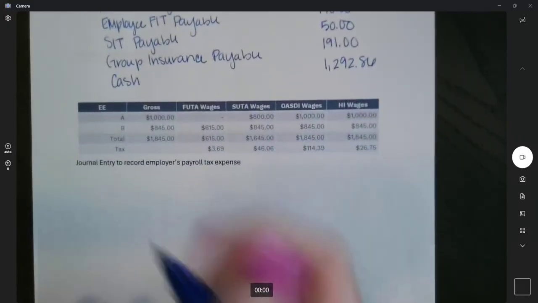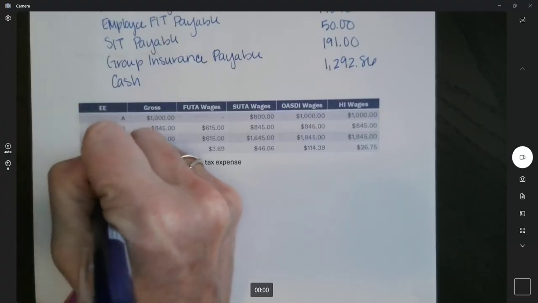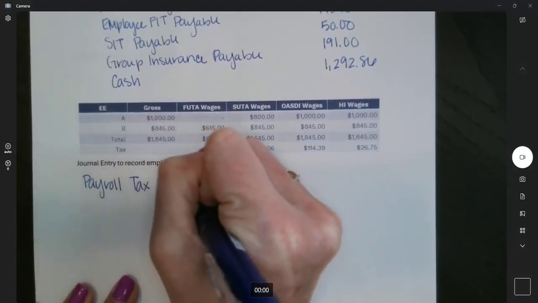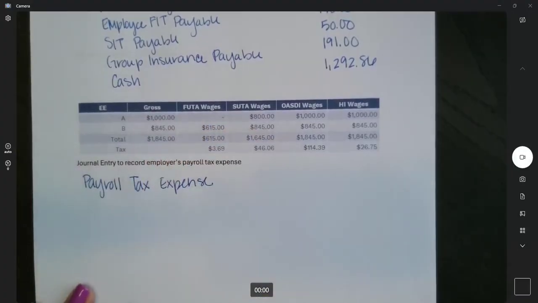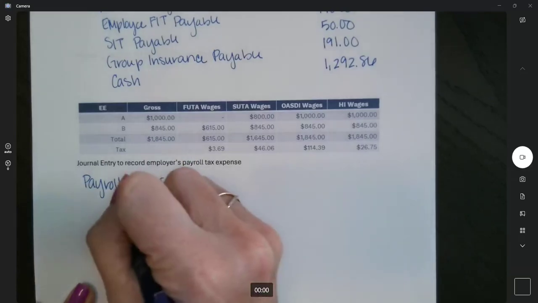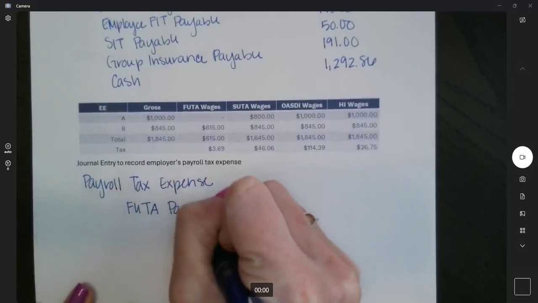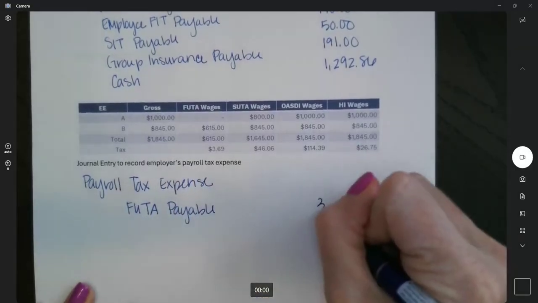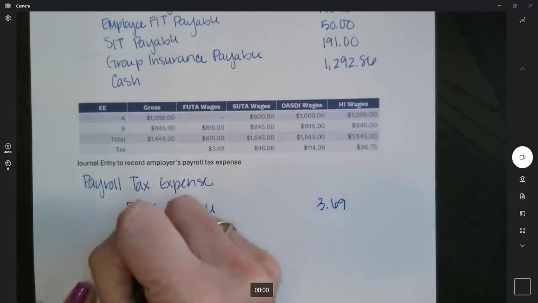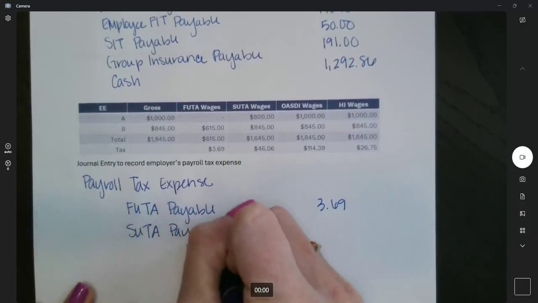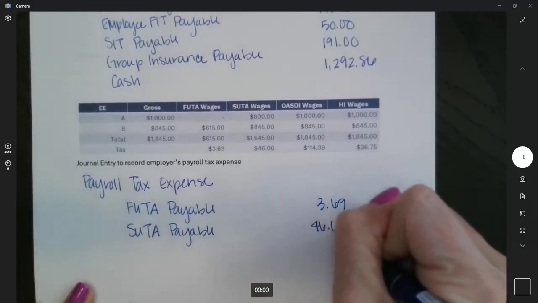The debit is going to be payroll tax expense. We'll add these up and we will get that debit. Everything else is being credited. We'll start with FUTA. That amount is $369. Then we go to SUTA. That amount is $4606.